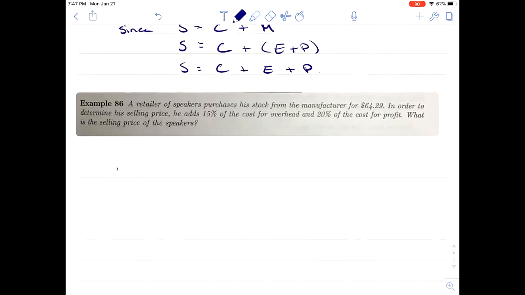And so again, I'm just going to outline what I've been given. A retailer purchases his stock for $64.29. So I'm told that the cost, the cost to buy these things, is $64.29.